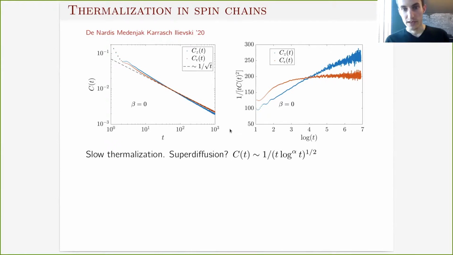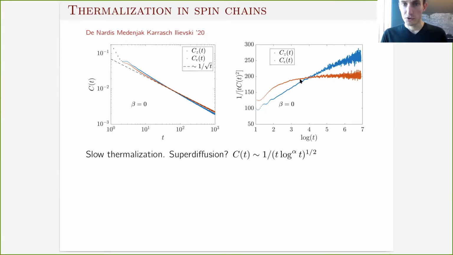In fact, they're so precise that this group noticed that there seems to be a slight deviation from this 1 over square root of t. If you try to extract a diffusion constant from these plots, you would just multiply this correlation function by square root of t, and then you take the square. This should spit out the diffusion constant.